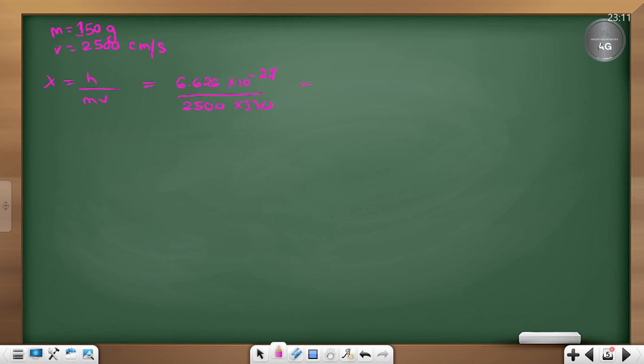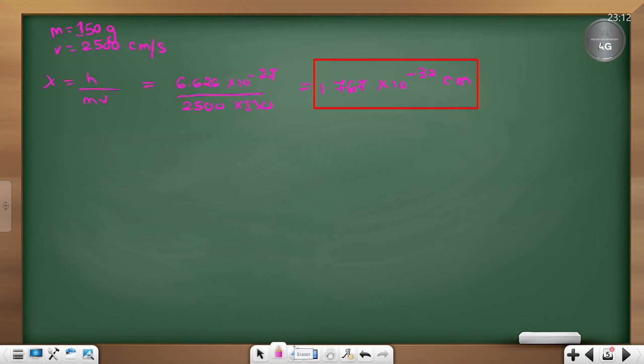Now upon calculation, what value are you getting? You are getting 1.767 into 10 to the power minus 32 centimeter. Now you check: is this wavelength very, very small? Minus 32 power means 0.0000 with around 29 zeros, so that is almost 0 only. Is there even a considerable value?